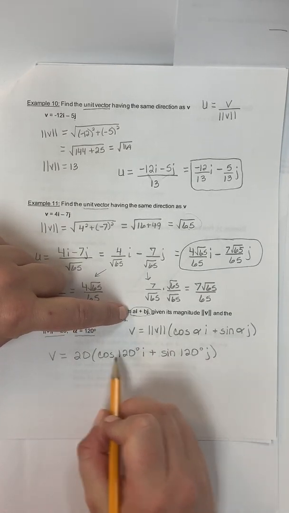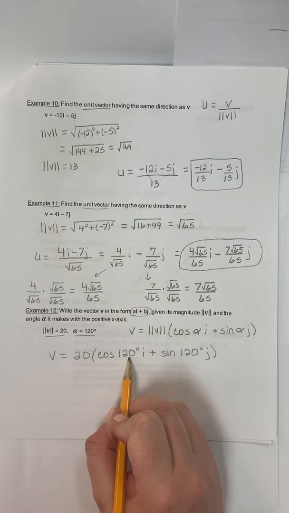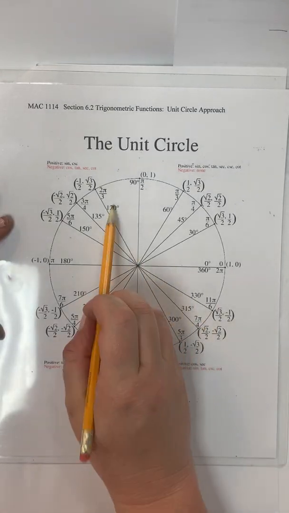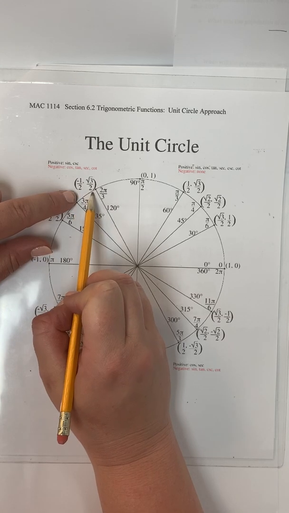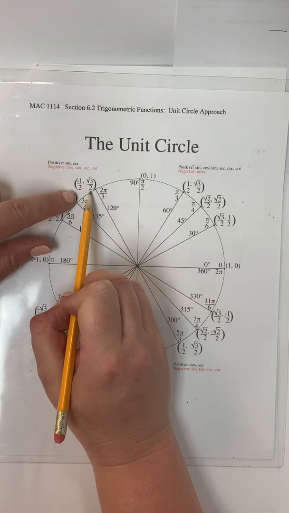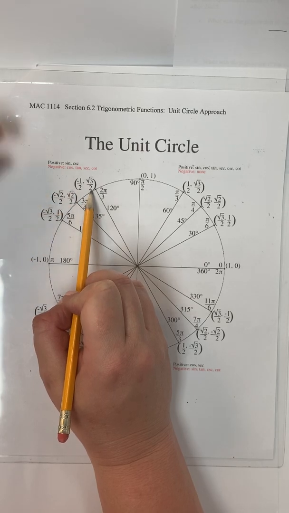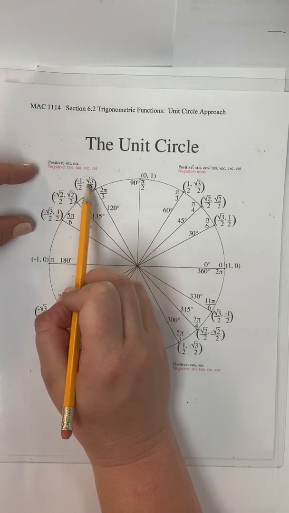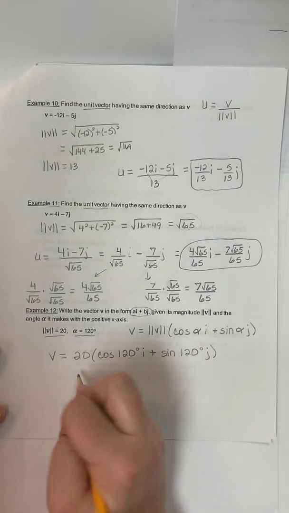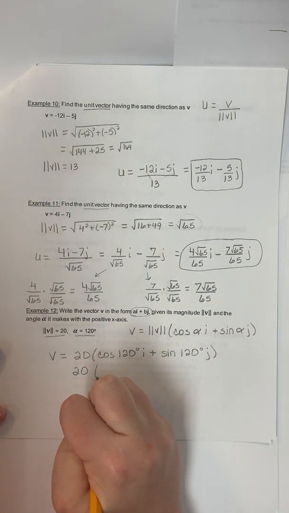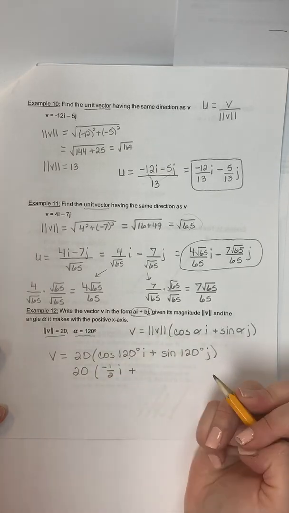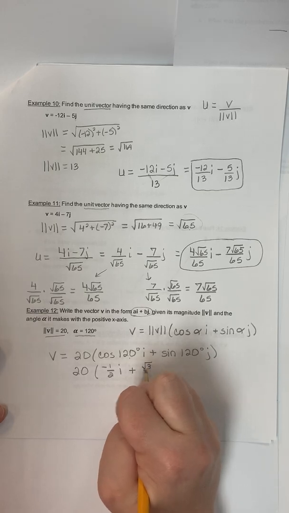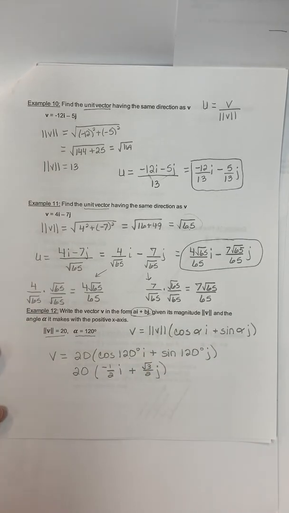We need to get rid of this cosine sine, which means we need to find 120 degrees on the unit circle. Here it is. This is the cosine of 120 degrees, negative 1/2. This is the sine of 120 degrees, root of 3 over 2. We need to replace with those. So cosine of 120 was negative 1/2, there's our I, plus the sine of 120, that's root of 3 over 2, and there's our j.